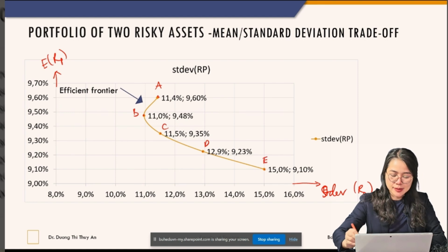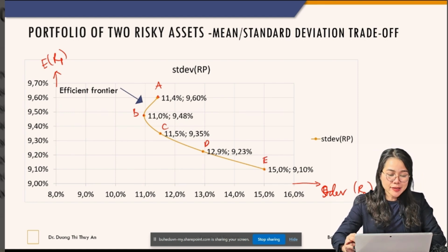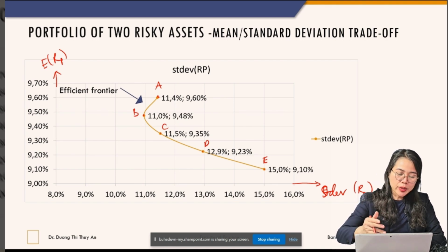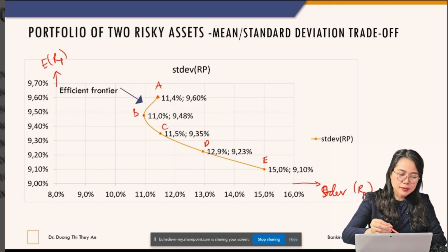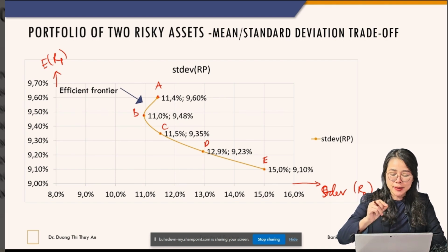If you look at this figure, when I draw the different portfolios on this figure, I can create a line with a bullet shape. The top of the bullet shape. Cái mũi của cái hình đầu đạn các bạn.